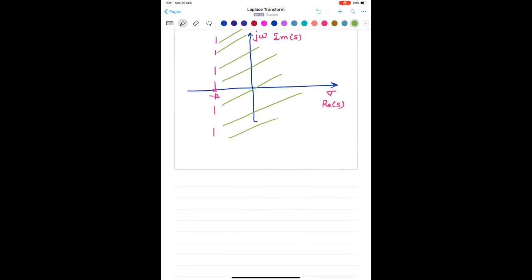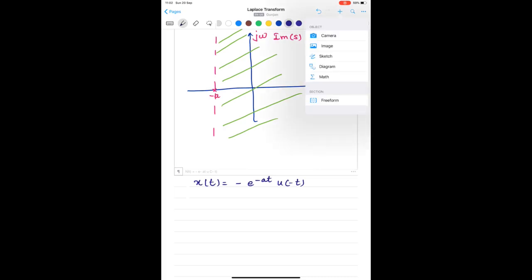Now if we take another example, here x(t) is equal to minus e raised to the power minus at u of minus t, and I need to find the Laplace transform of it.